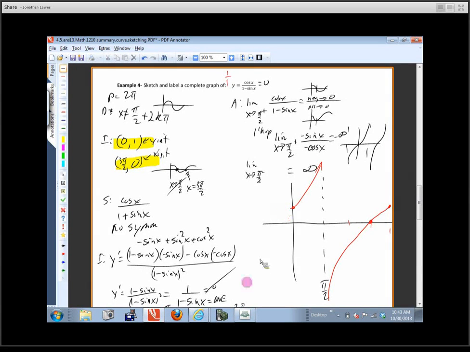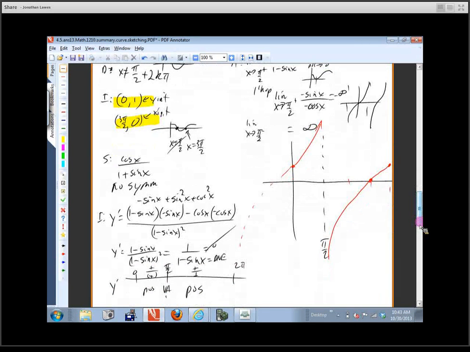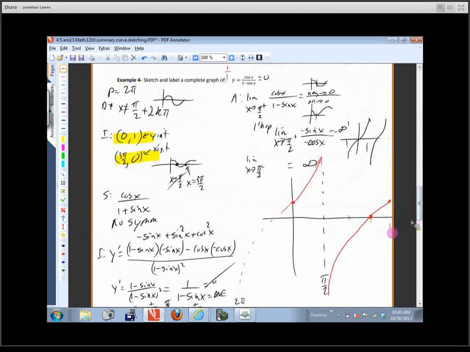So this kind of looks like we're going to have a shape that does something like this, and it just repeats like that. It looks a little bit like a tangent. It's not a tangent, but it kind of looks like one. Any questions there? After 2 pi, wouldn't you keep going up until you reach another asymptote?